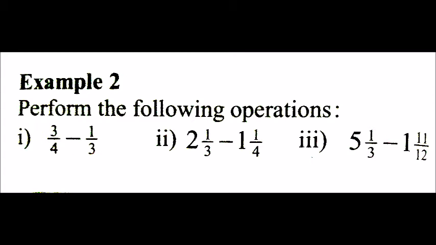Perform the following operations. 3 over 4 minus 1 over 3. Then the others are also given. It's the same as addition, the way you solve addition. But this one, only the operation sign has changed. That is a minus, or subtraction in mathematical terms.